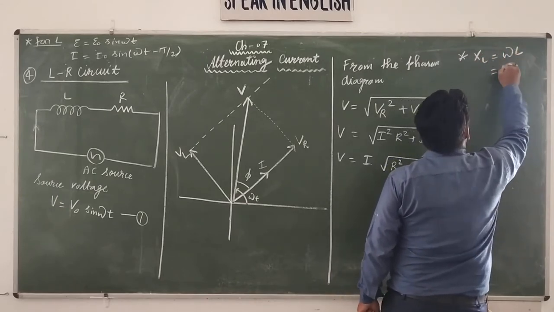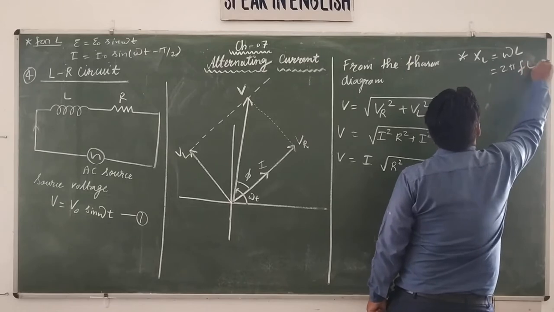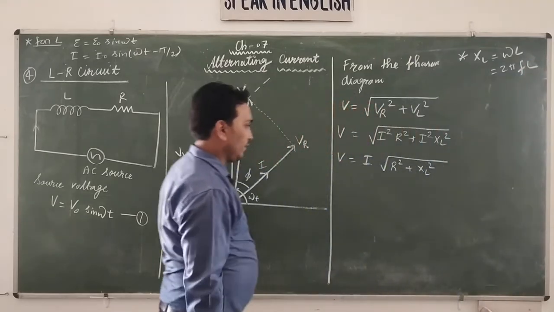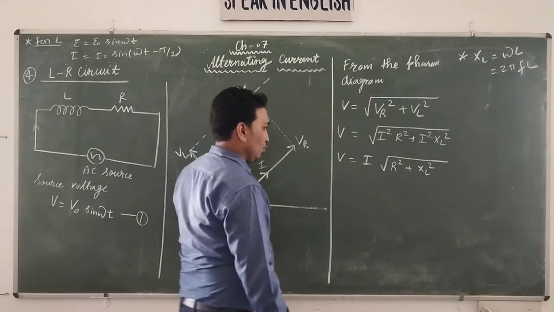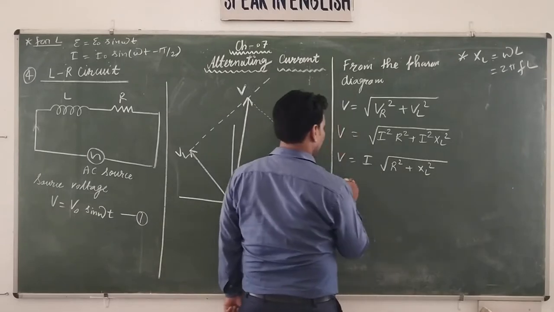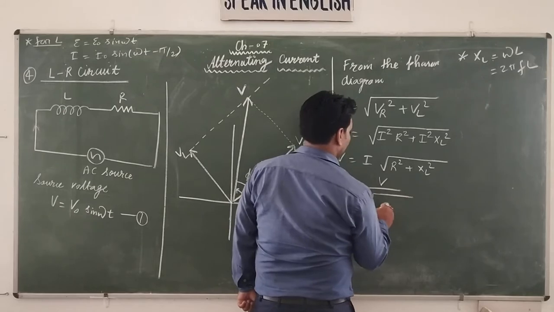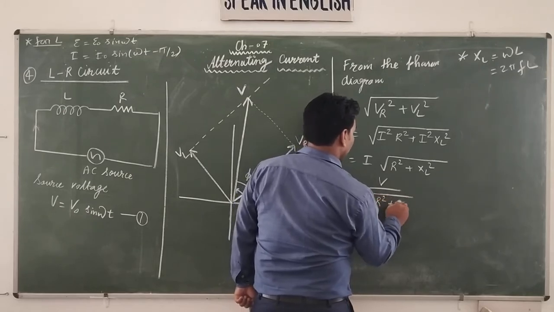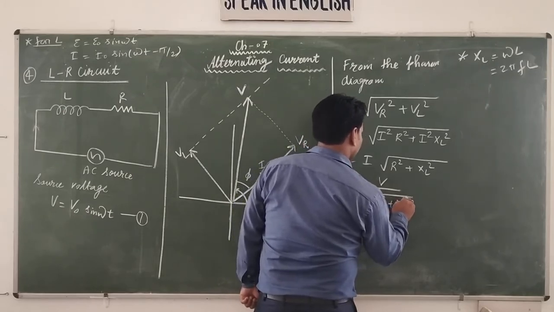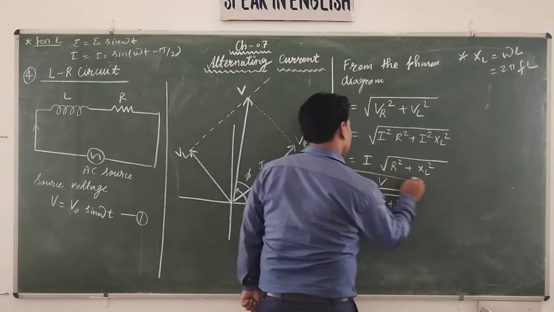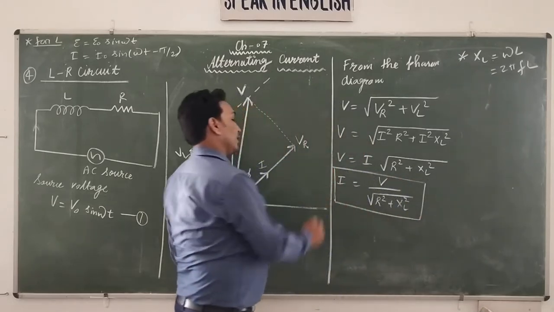Omega L, which is also equal to 2 pi f L. Yesterday we had studied. Okay. So R square plus XL square, from here if the value of I is to be calculated, it is going to be what? V upon under root R square plus XL square. Okay. So this is the value of current.